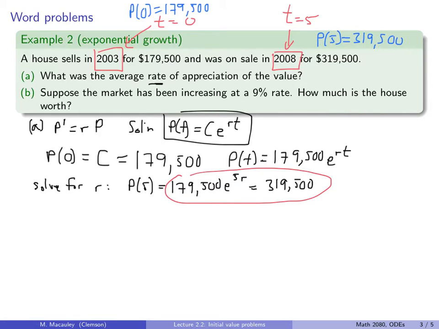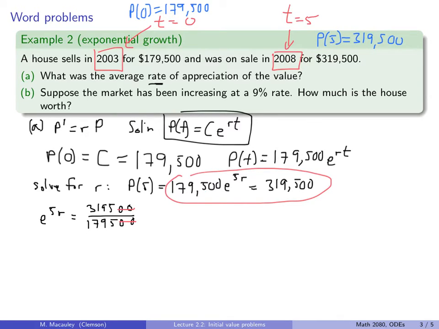The first thing we should do is divide both sides by 179,500, and then take the log of both sides. So we get e to the 5r equals 319,500 over 179,500, and right away I'm going to get rid of these zeros because they cancel.